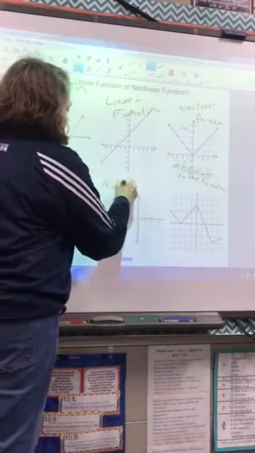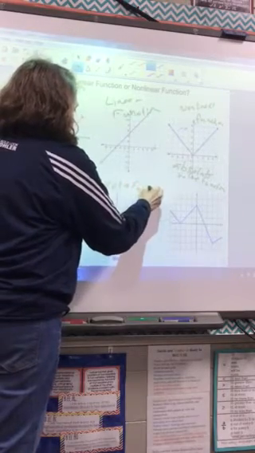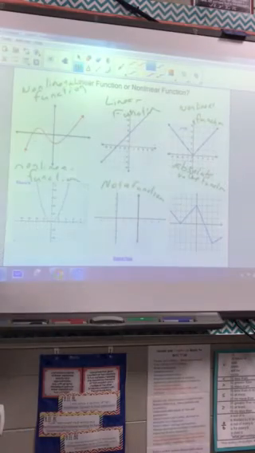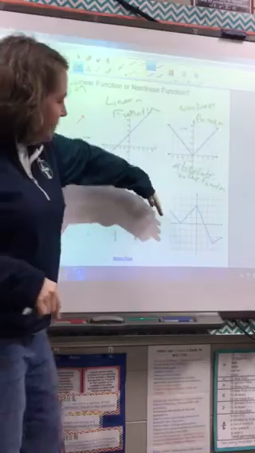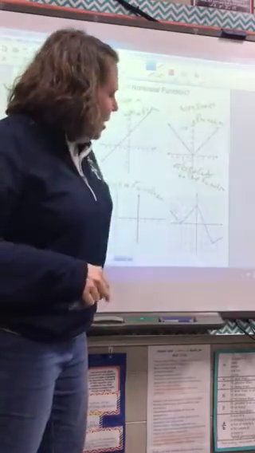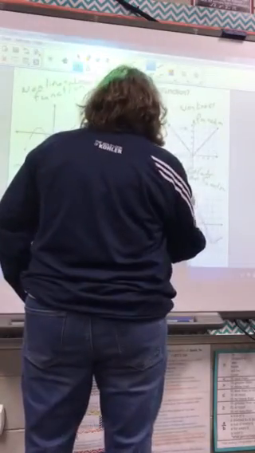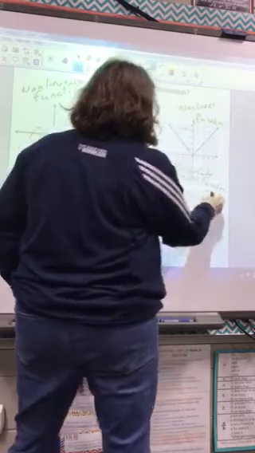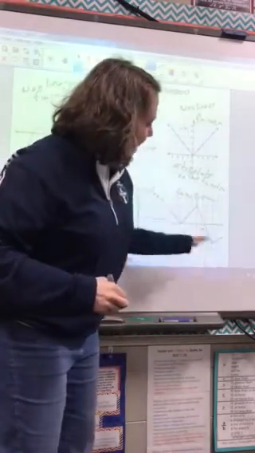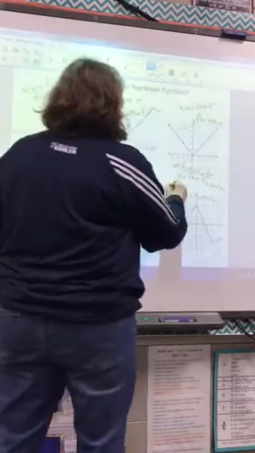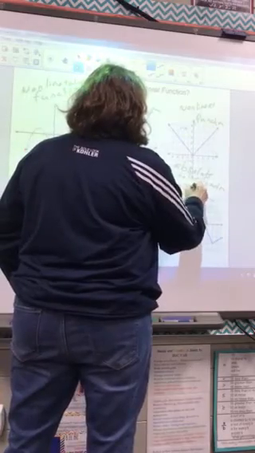Not a function. It is a line, but it's not a function, so it's not a linear function, so it's nothing. The next one, it passes the vertical line test, so it is a function. Is it a line? No, it's several lines. So it's considered a nonlinear function.